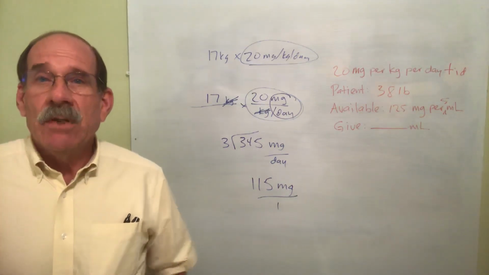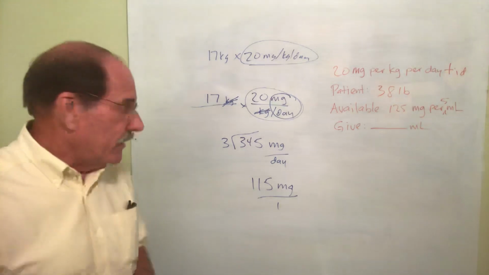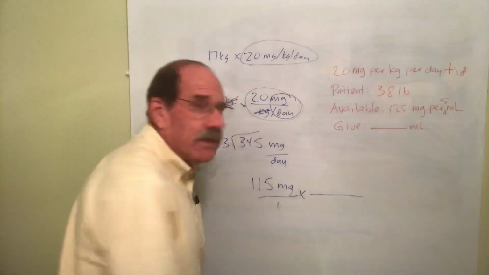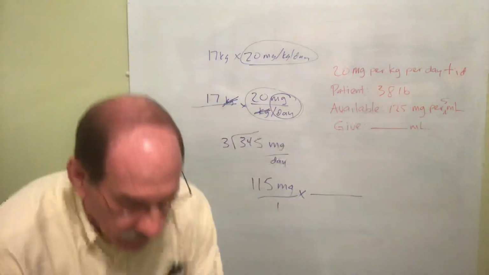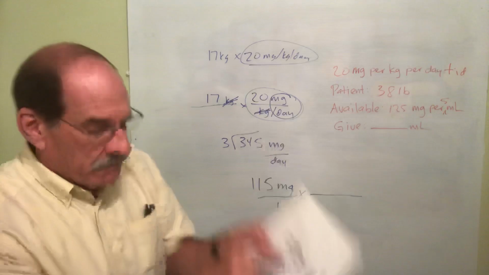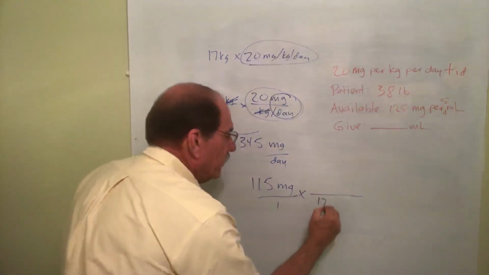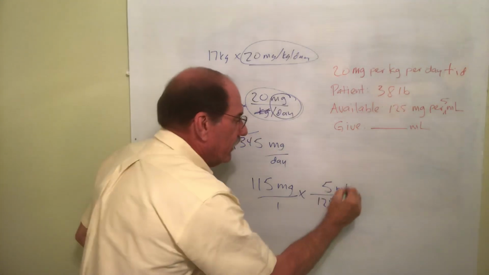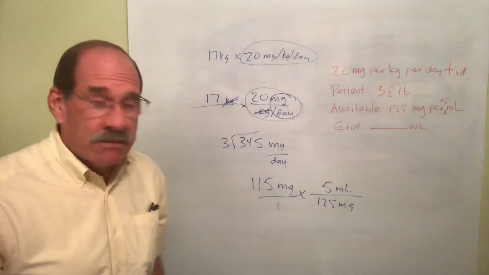Last step is my dosage calculations. I know in divided doses, the kid gets this much. Well, how strong is the stuff I've got? We already said. It says it right there on the label. I've got 125 milligrams, watch out though, in every 5 milliliters.